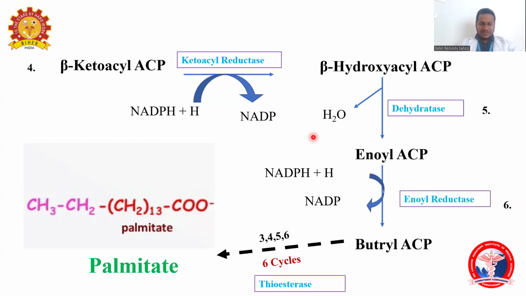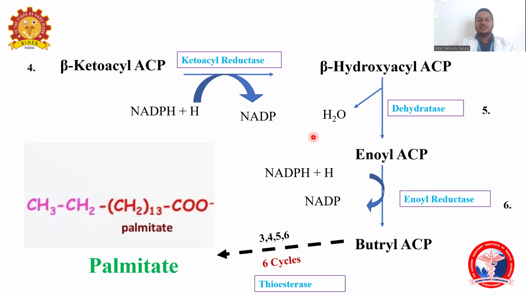So the third reaction, with the product of the first and second reactions, acetyl and malonyl, forms ketoacyl ACP. Ketoacyl ACP forms beta hydroxyacyl ACP. Beta hydroxyacyl ACP forms enol ACP. Enol ACP forms butyryl ACP. These four reactions go for 6 cycles.